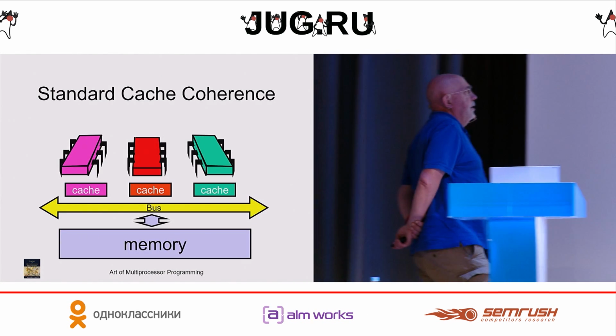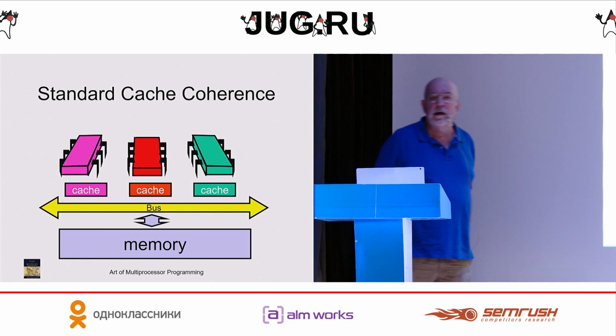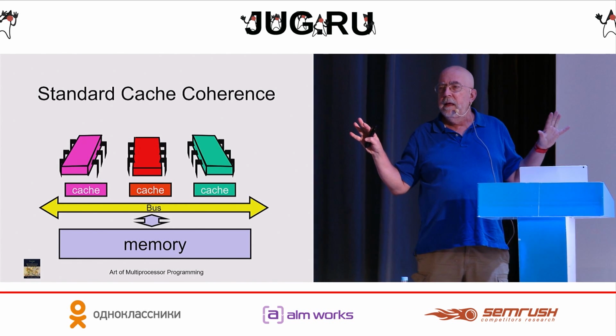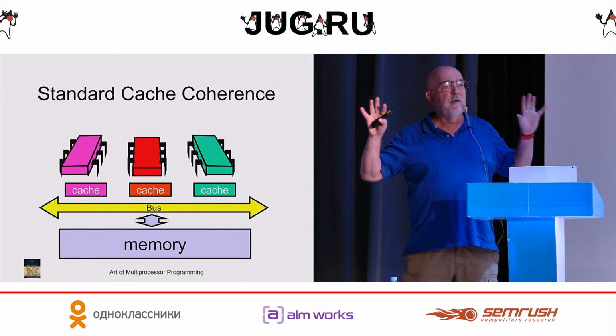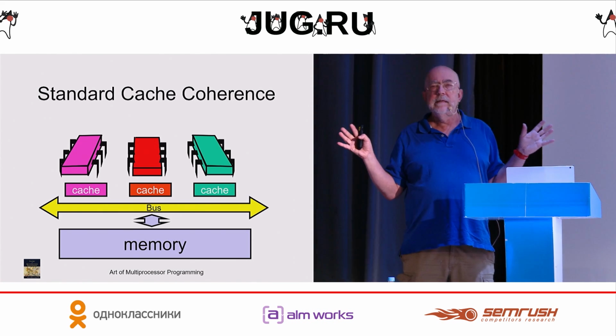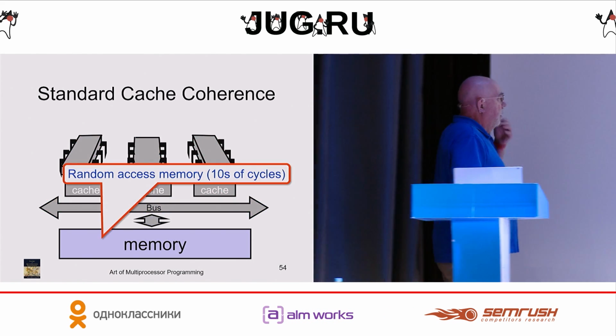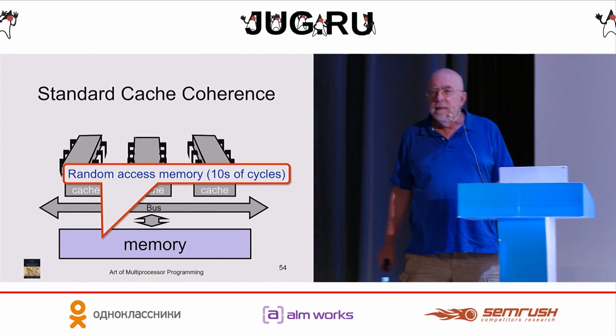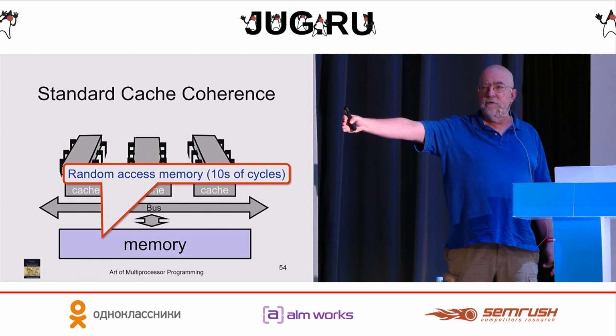So here is what a standard cache coherence protocol does. Of course, what I'm describing here is very, very simplified. What happens in real life is much more complicated, but the basic idea is the same. So we start out with random access memory that is very far away from the processor.